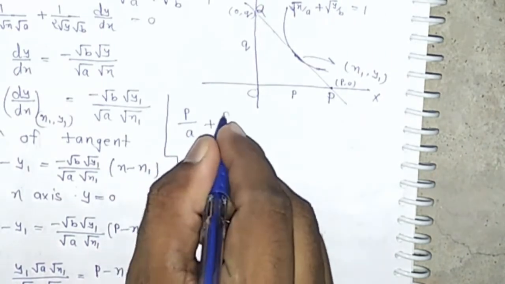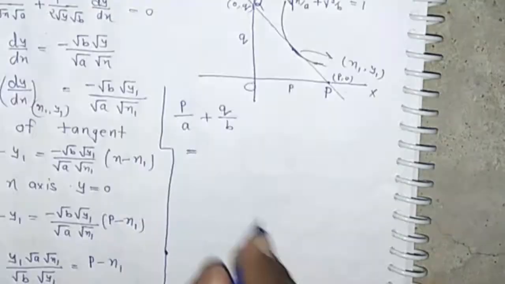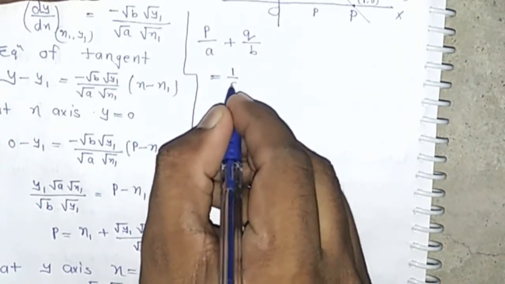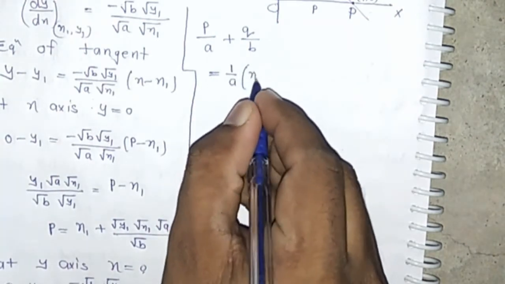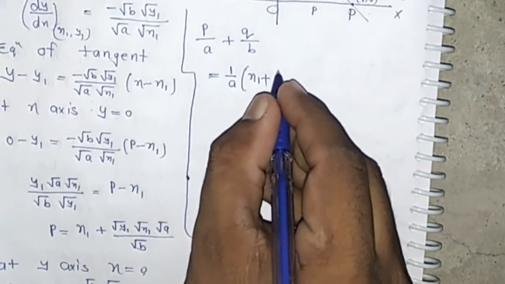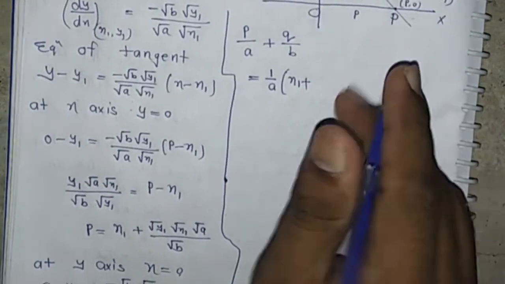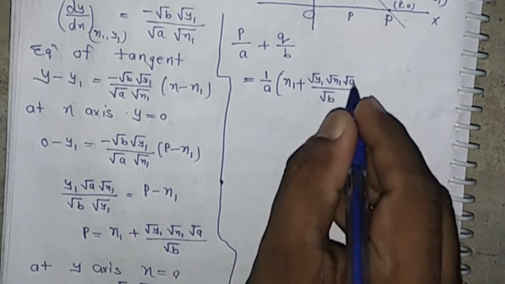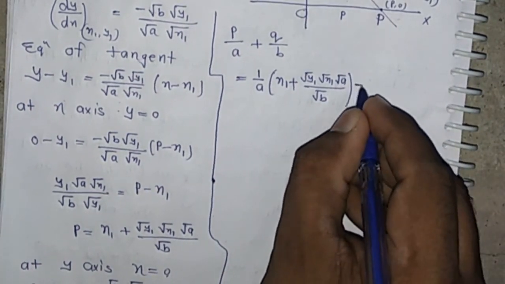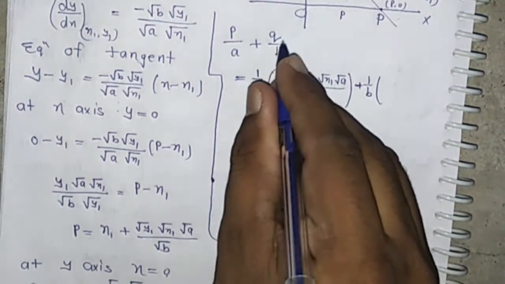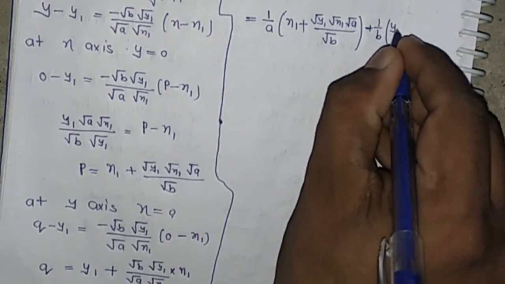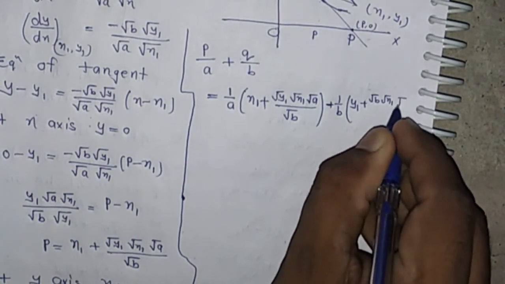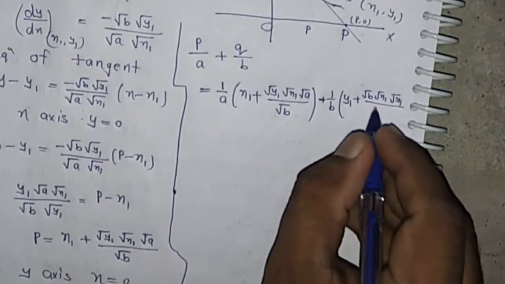The value of p by a is 1 by a into x1 plus root y1 root x1 root a by root b, which is the value of p, plus 1 by b into the value of q, which is y1 plus root b root x1 root y1 by root a.